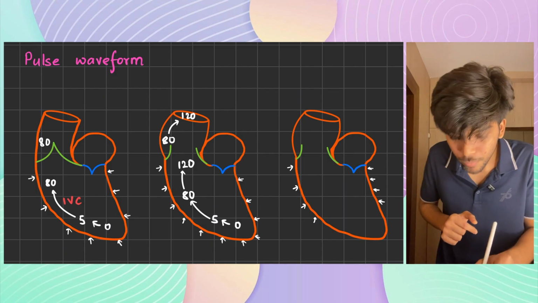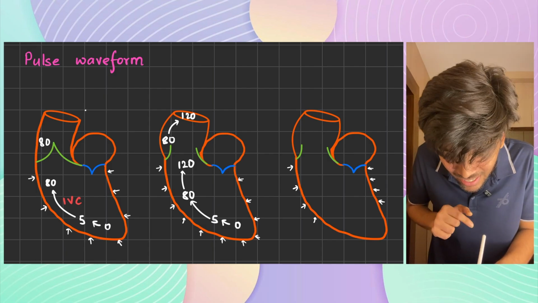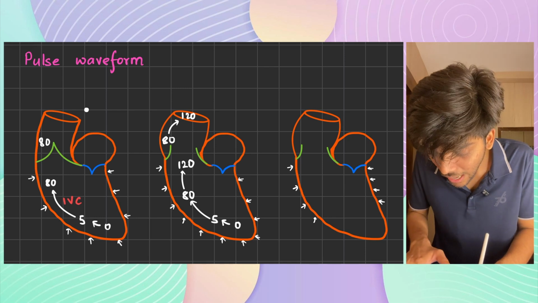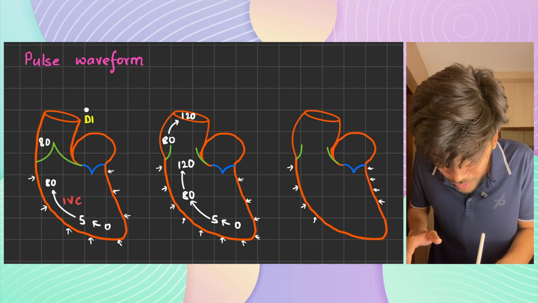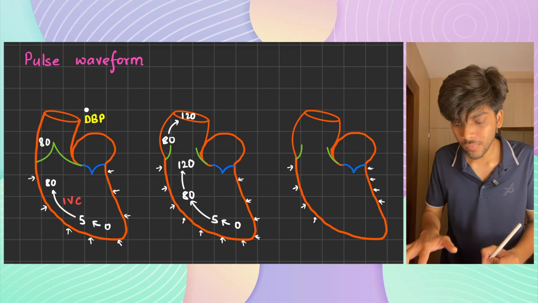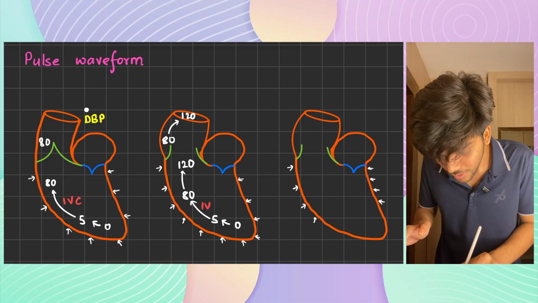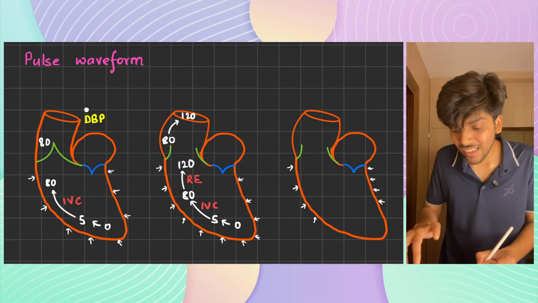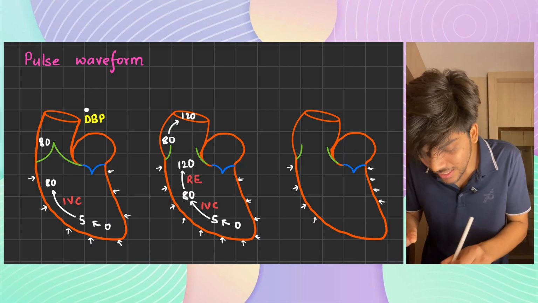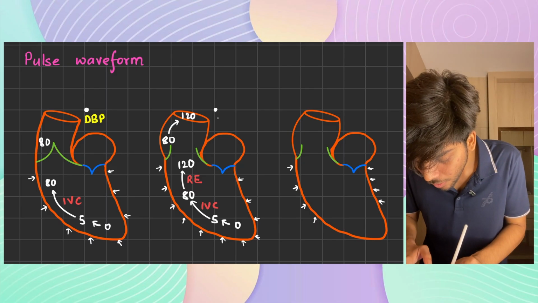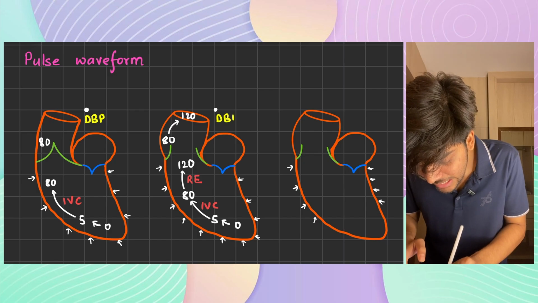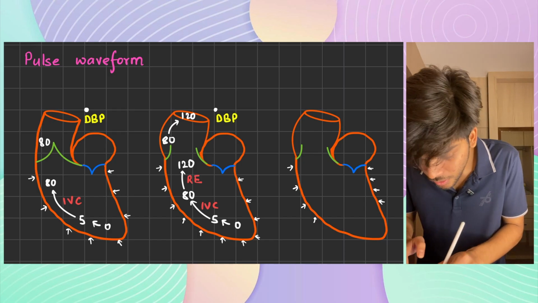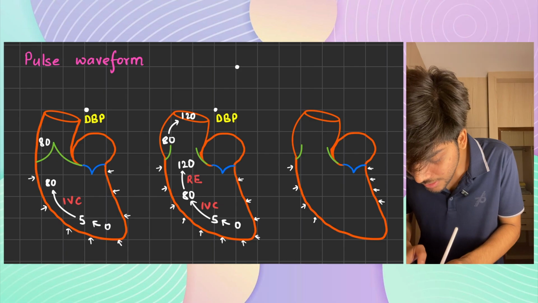So in isovolumetric contraction, inside the aorta, you had a diastolic blood pressure of 80 mm of Hg. After isovolumetric contraction, in rapid ejection, the pressure increases from diastolic blood pressure to systolic blood pressure inside the aorta.